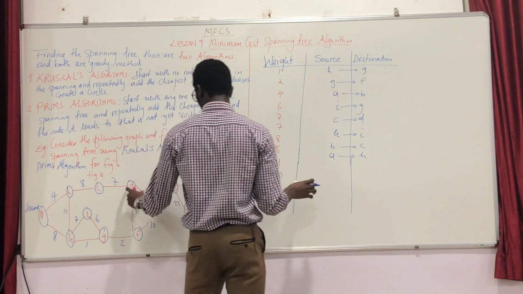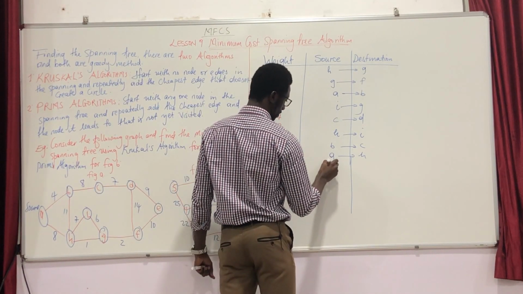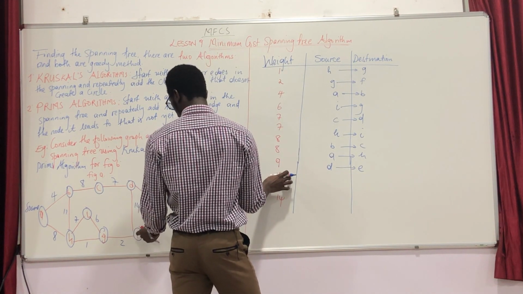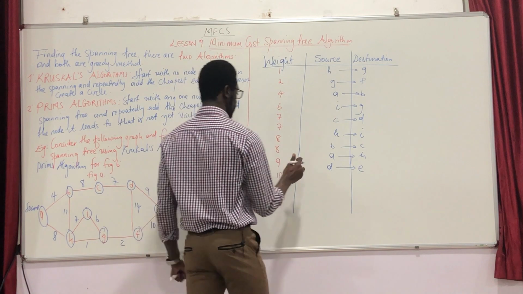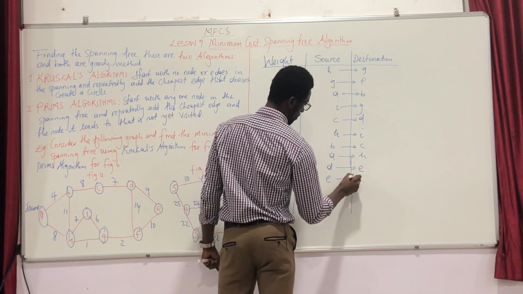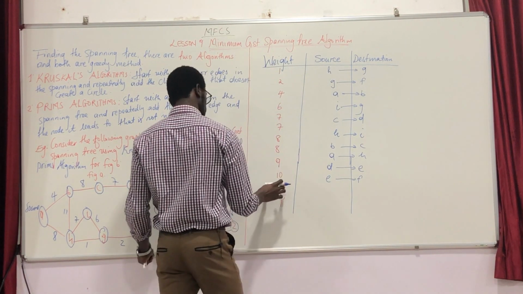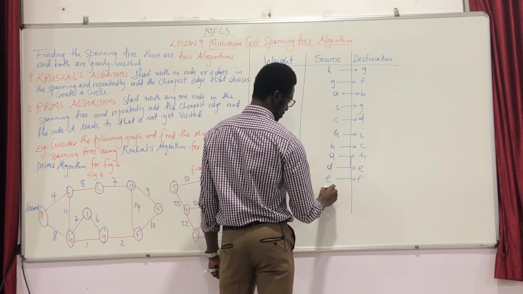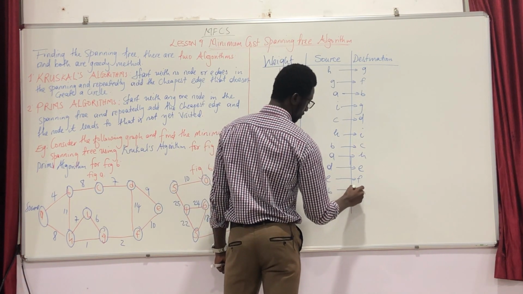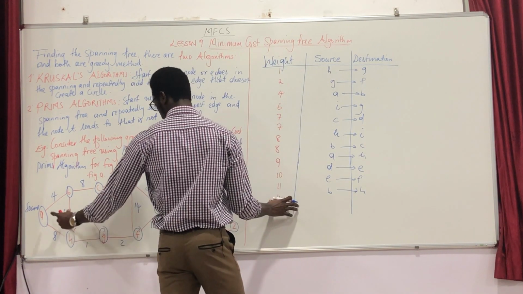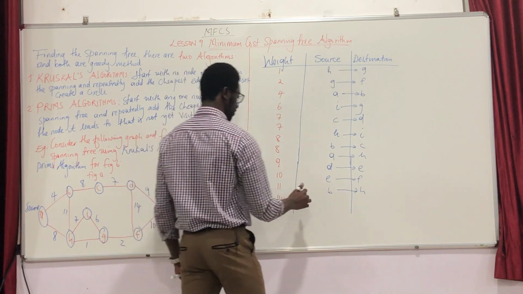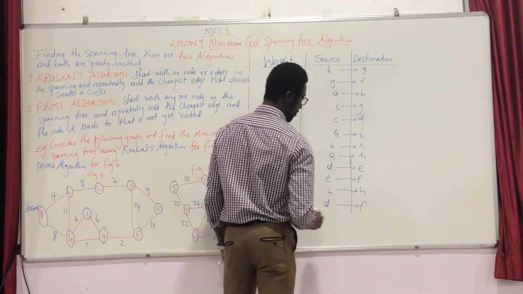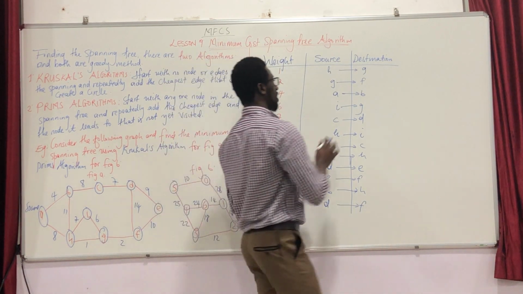Then for 9, we have D to E. Then for 10, we have E to F. For 11, we have B to H. And finally for 14, you have D to F. So now let's see here.